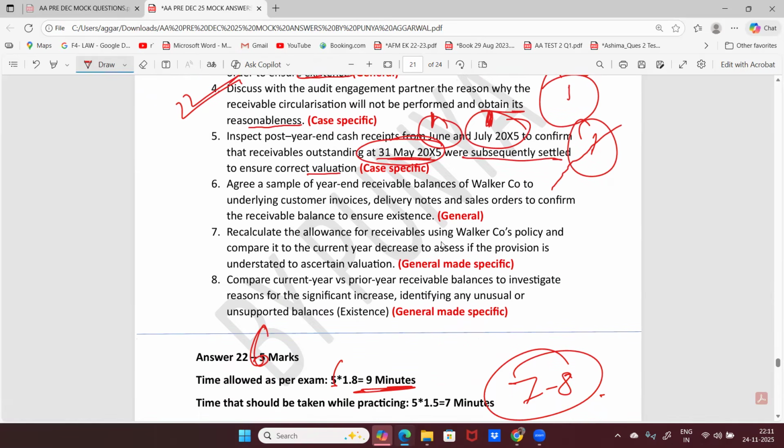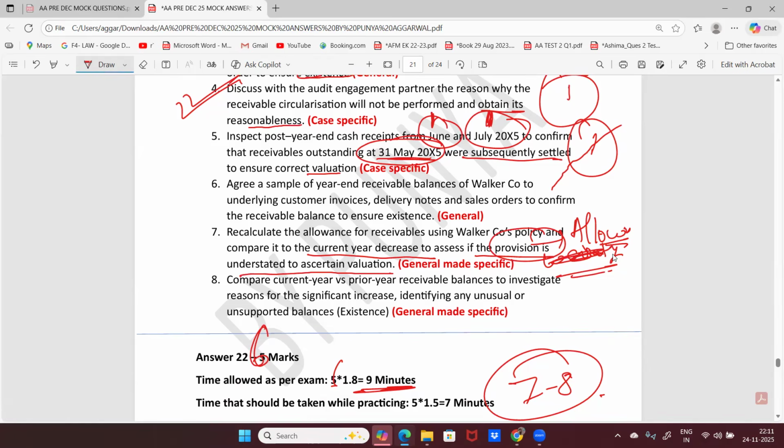Recalculate the allowance for receivable using Paul Walker's policy. So they have their policy, and compared to the current year decrease. So current year there has been a decrease, to assess if the provision is understated to ascertain the valuation. Here you can also write about the warranty. The allowances, sorry, to see if the allowances is understated to ascertain if it is valued correctly or not.